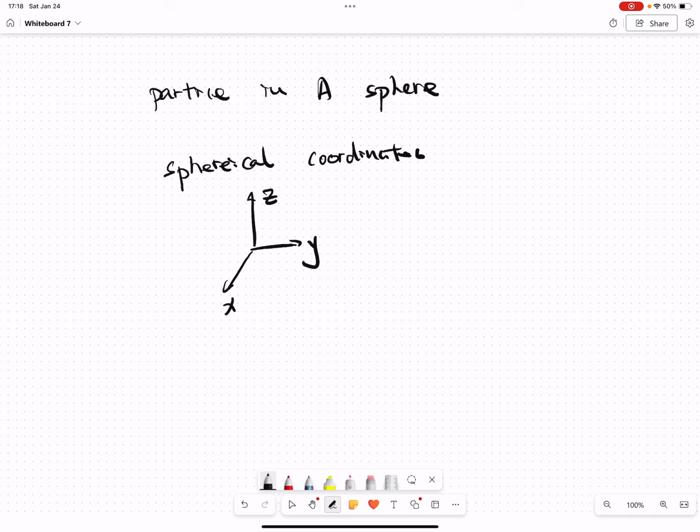For the spherical coordinates, we have r, theta, and phi. We have two angles in the spherical system. So now we need to convert x, y, z into r, phi, and theta. That's what we need to do.